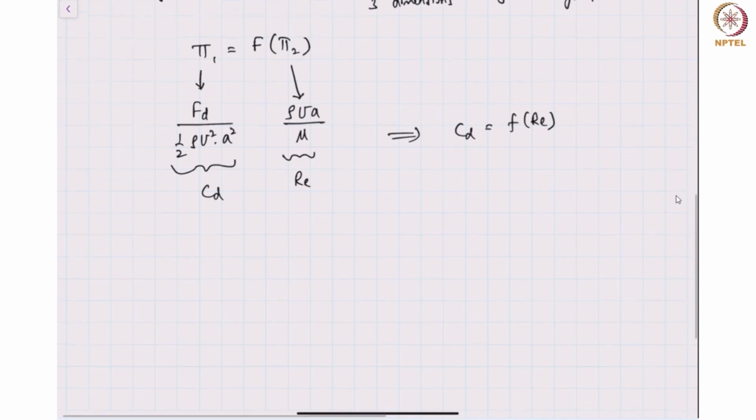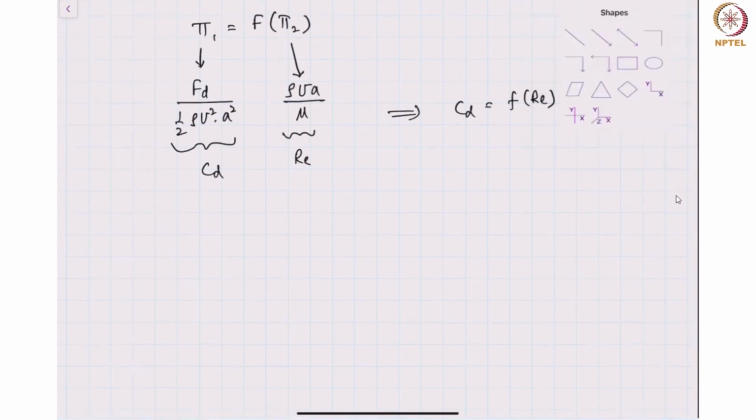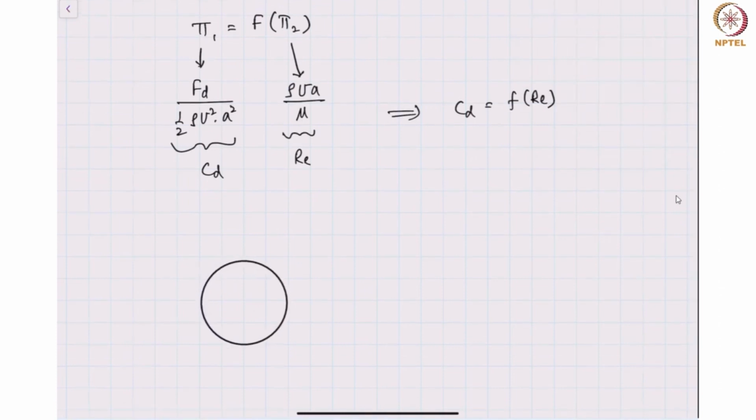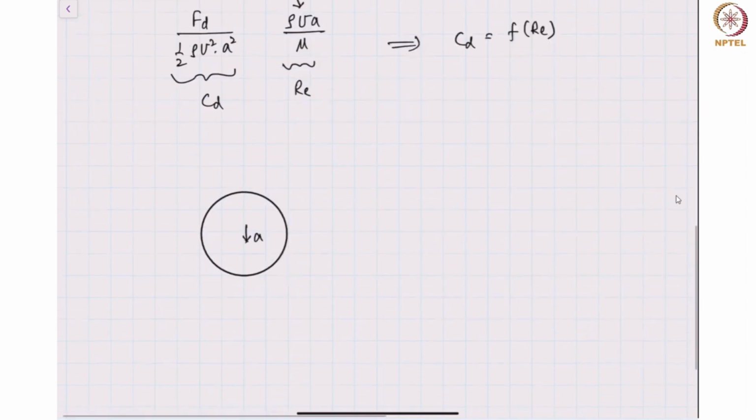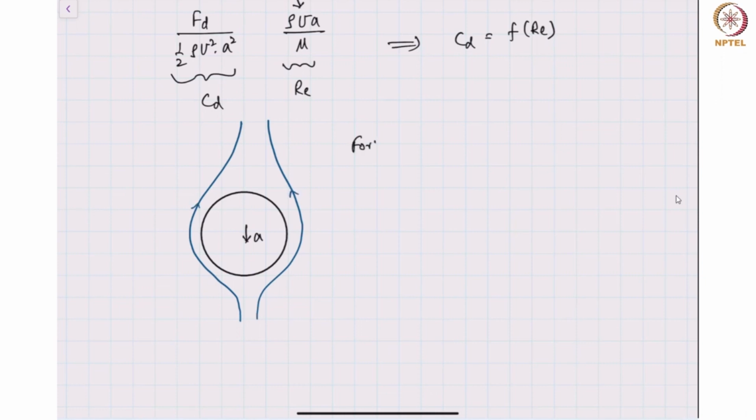The reason for that is, if you look at the motion of the particle, when the particle is actually moving downwards, the fluid is moving upwards. Now there are two forces at play.